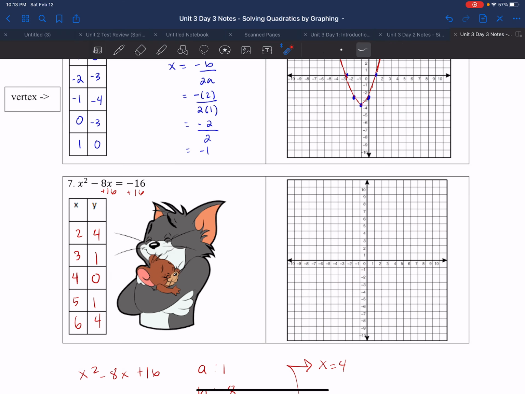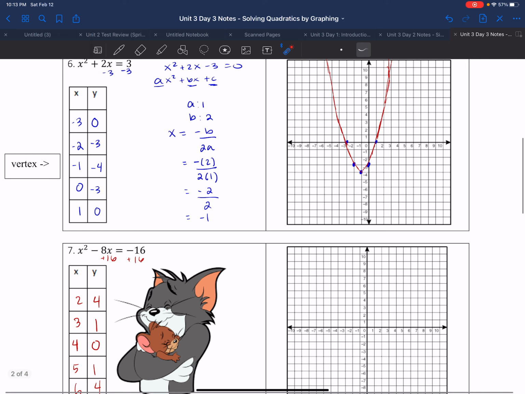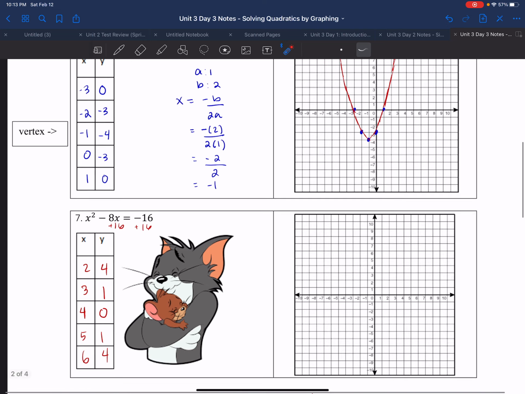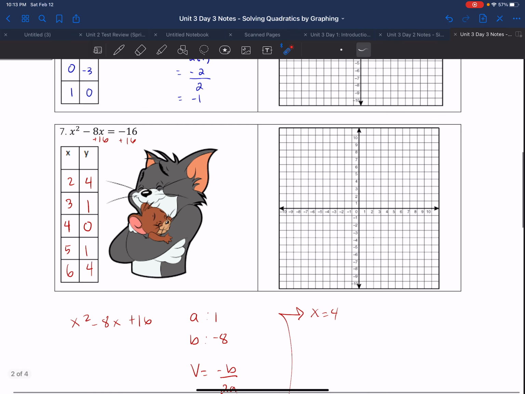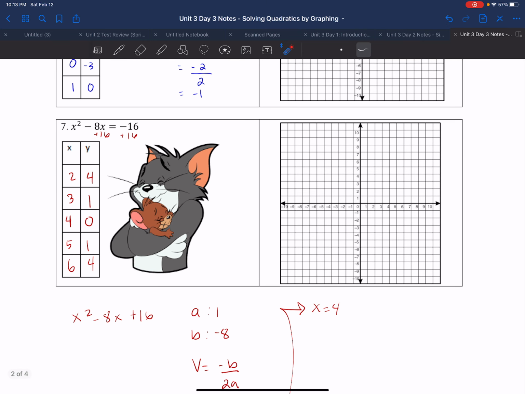You want to make sure that you have your vertex here, and then, kind of like what we did over here, this is our vertex. There's a negative 3 and negative 3, on the other side of negative 4, and then same thing with the zeros there. Okay. Starting off with the vertex, it's 4, 0. 4, 0 is right here.